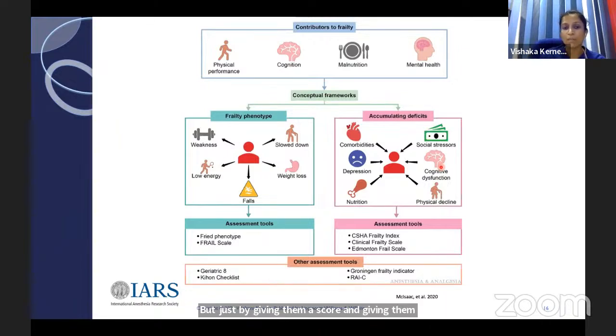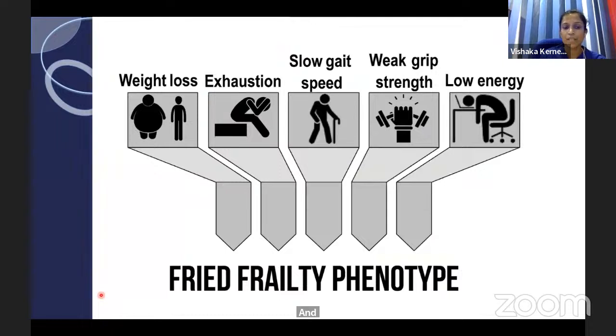Examples of the phenotype method are the phenotype and the FRAIL scale, and the accumulating deficit method is the Edmonton frailty scale, which is what we commonly use, and the clinical frailty scale, which is again used very commonly worldwide.